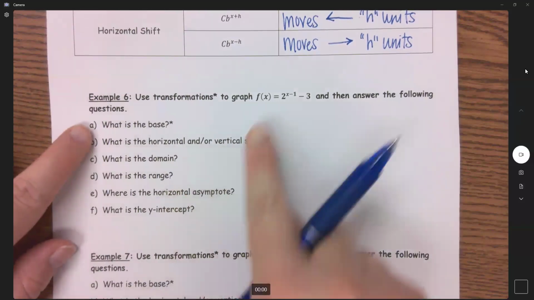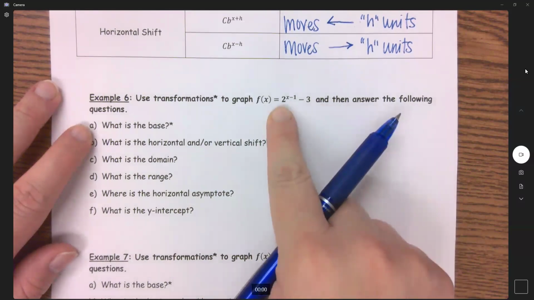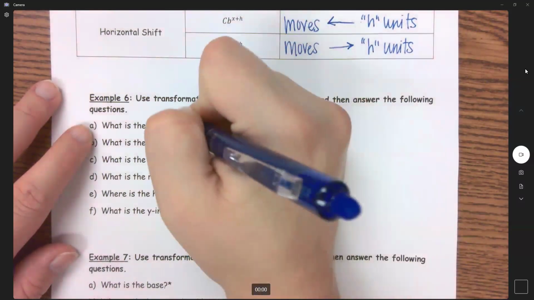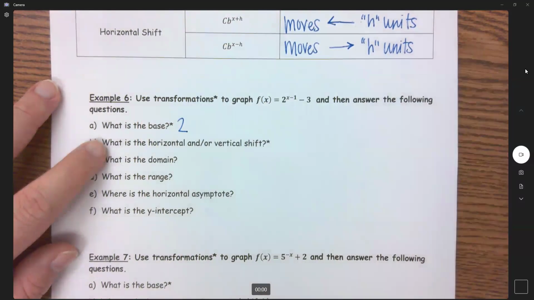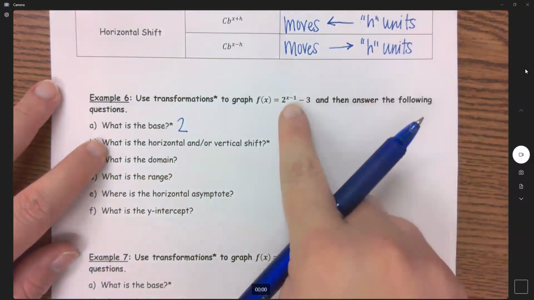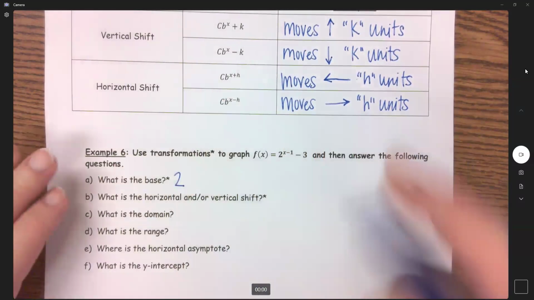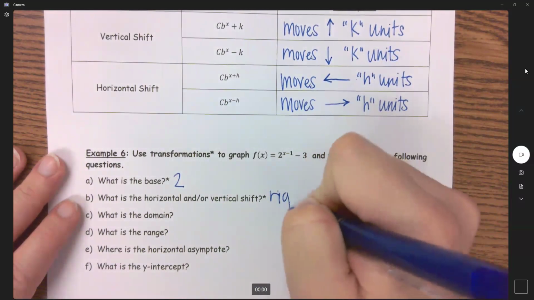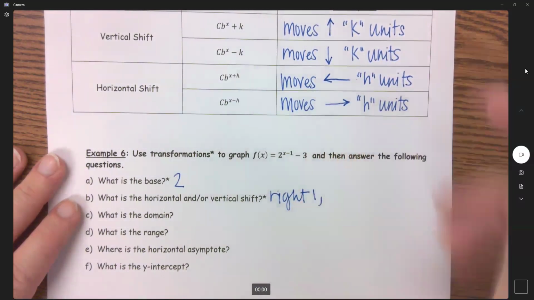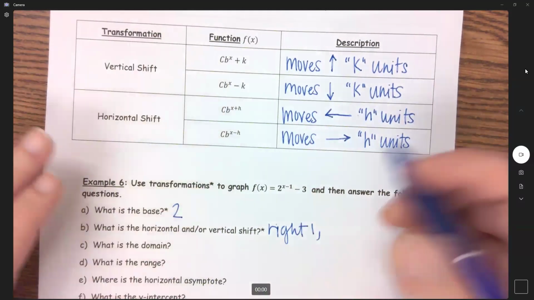Now for us to graph, we're going to use our calculators and we'll use our table of values to plot some points, but they will graph it for you based off of these two pieces of information. So here first, what is the base of this exponential? I have a base here of 2. And then what is the horizontal and or vertical shift? So this x minus 1, minus means to the right, and minus 3, minus means down.